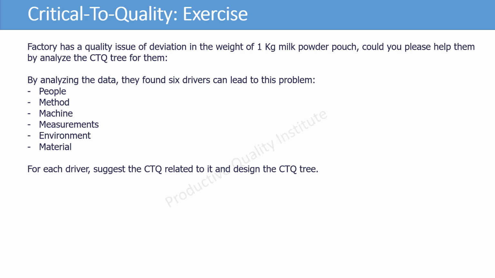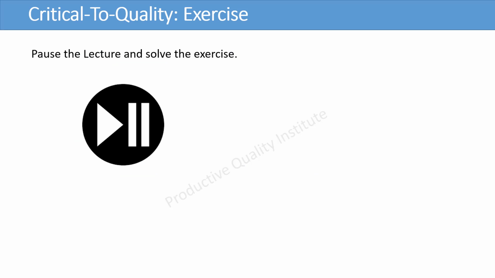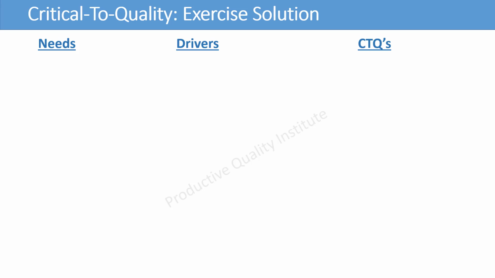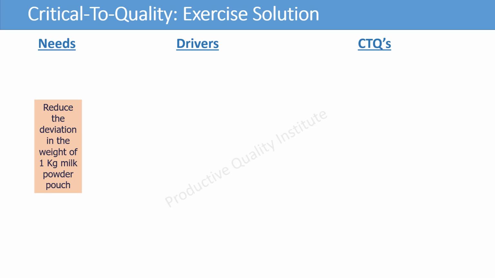For each driver, suggest the CTQ related to it and design the CTQ tree. Please pause the lecture and solve the exercise. Please check the exercise solution and compare it with yours.